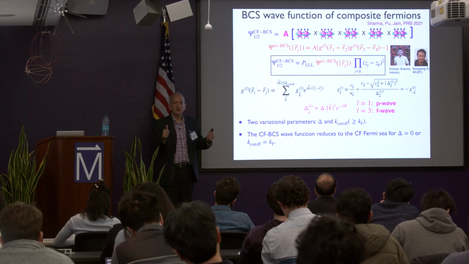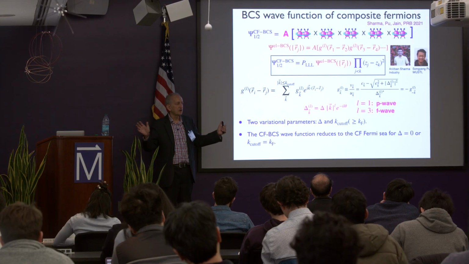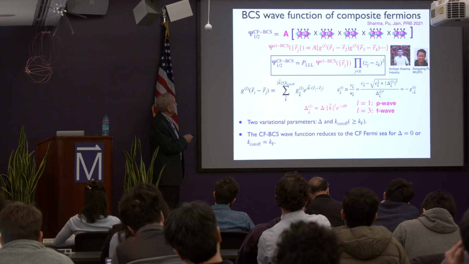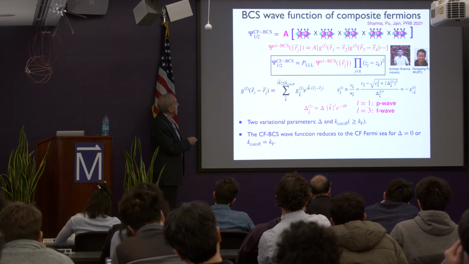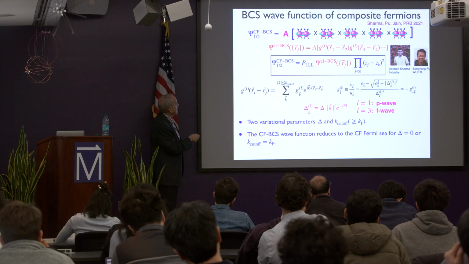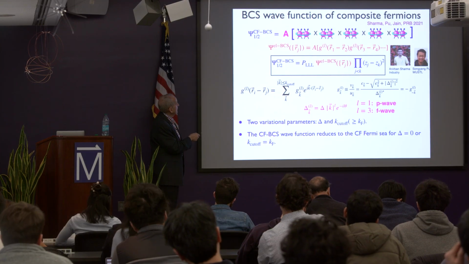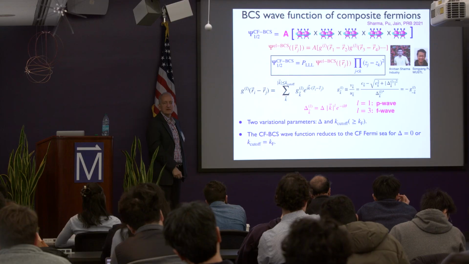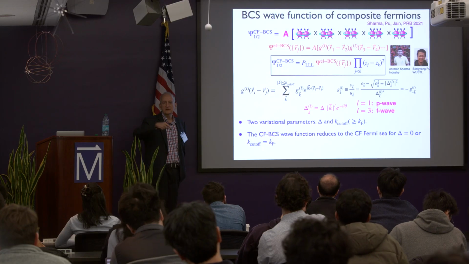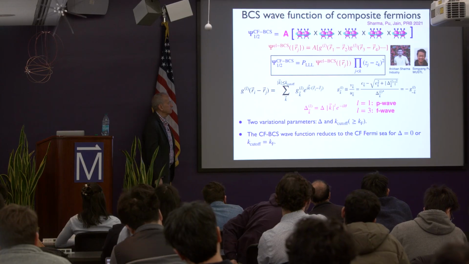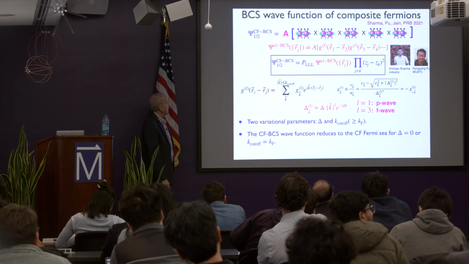So spin is not a parameter here. In that case, it's known that this BCS wave function has this form. You take particles 1 and 2, put them in some state, and you put all other pairs in the same state, and antisymmetrize at the end. That's the BCS wave function in real space.